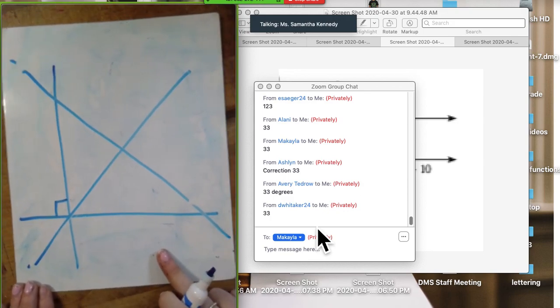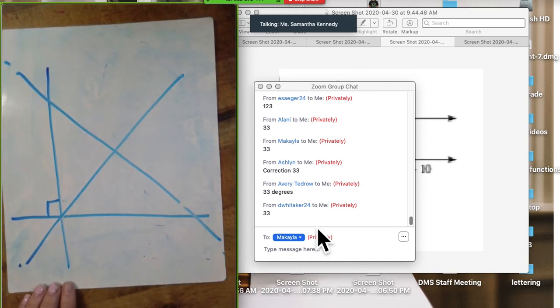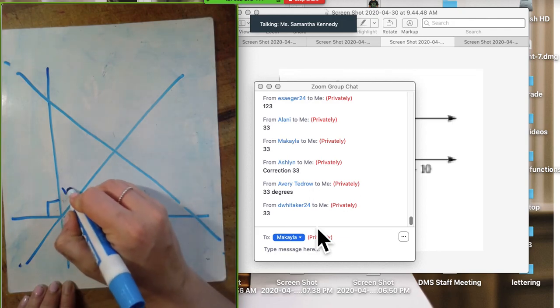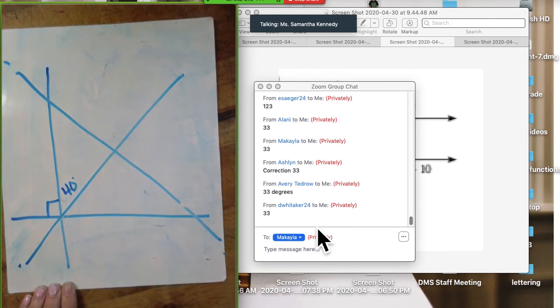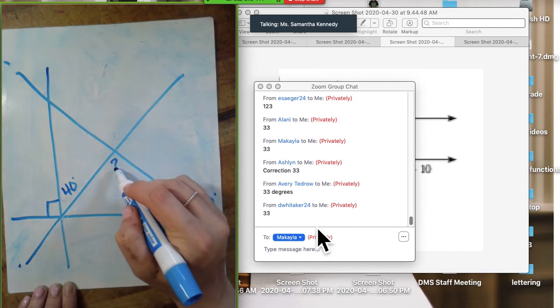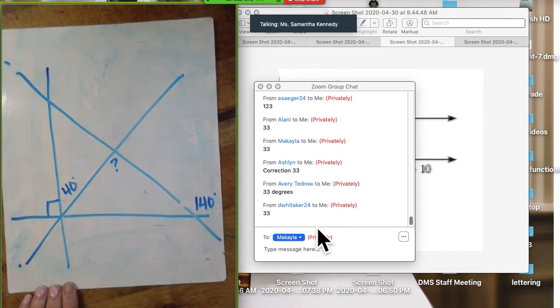So, if this angle is 40 and this angle is 140, what does that make that angle?